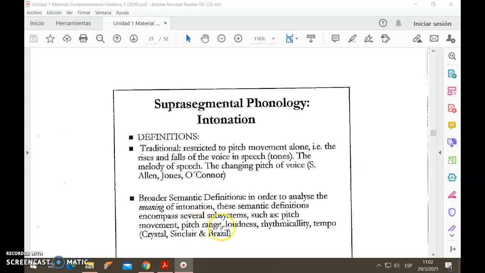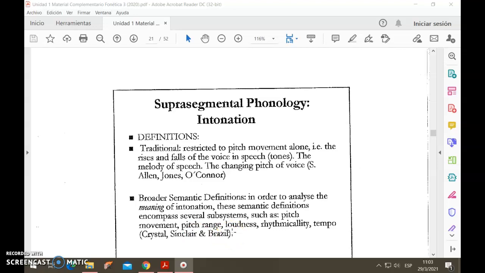Pitch range is el rango. I can speak like that very monotonously, or I can do a lot of inflections, and that is a broader range that I'm using, okay? Loudness, rhythmicality, and tempo. This is a definition followed by Crystal on one hand, and Sinclair and Brazil on the other, and of course Brazil himself.